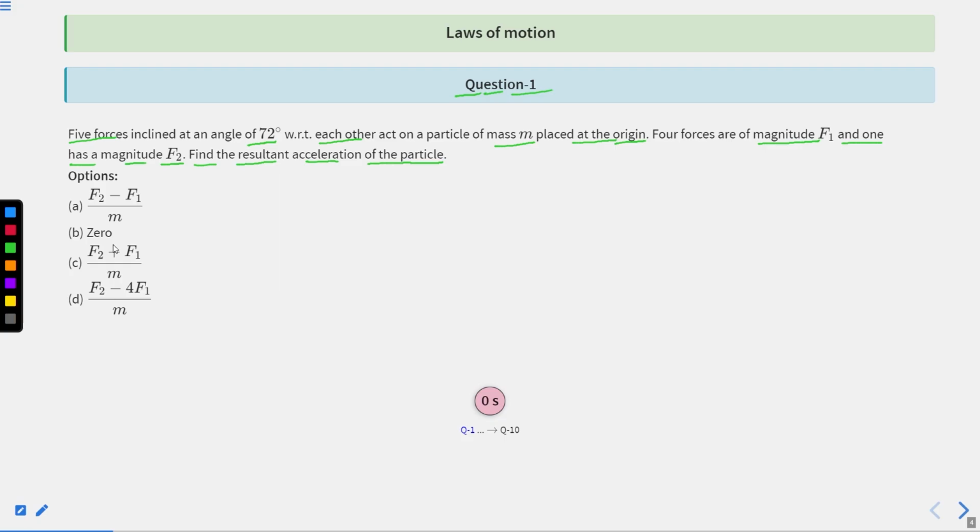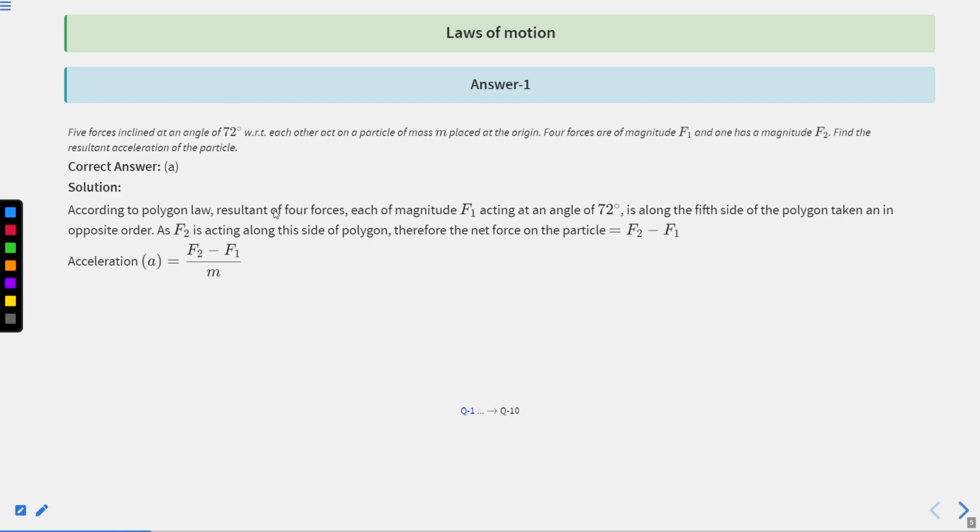Let's find the solution. According to the polygon law, the resultant of four forces, each of magnitude F1 acting at an angle of 72 degrees, is along the fifth side of the polygon taken in opposite order.